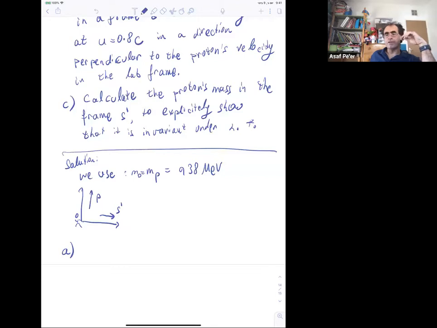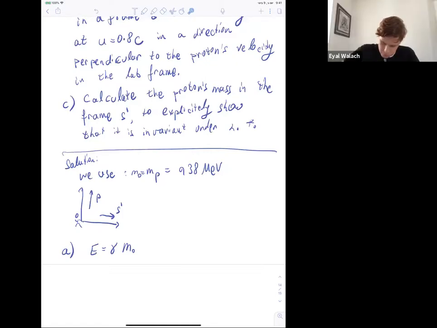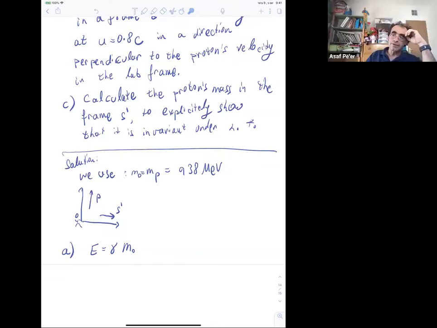Now there is no c squared here, because I already used the mass with units of energy. The mass already contains the units of energy. And what are the units of gamma? It's dimensionless, right? Gamma and beta are dimensionless.